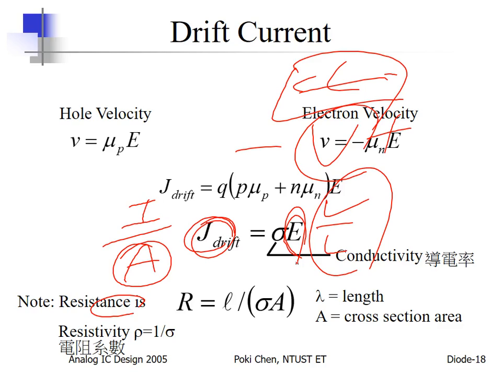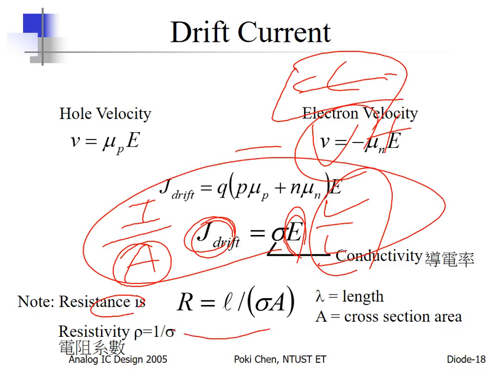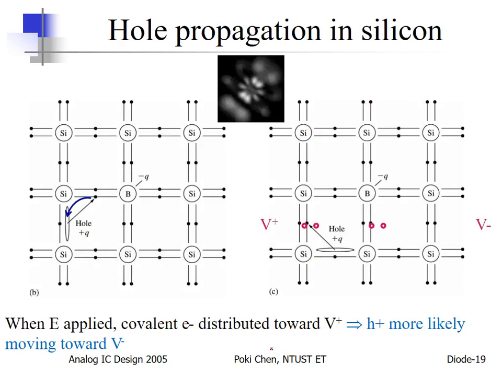So after this, you get that. Congratulations. This is Ohm's law. So the resistance is proportional to the length and inversely proportional to the cross-sectional area. Very, very easy. You learned it already from your fundamental physics.